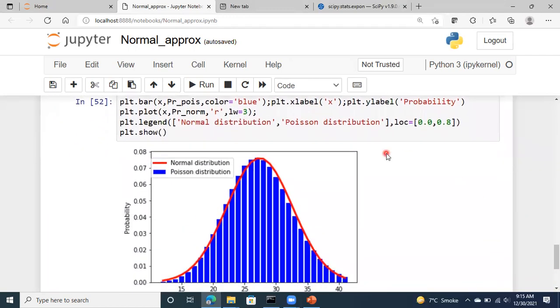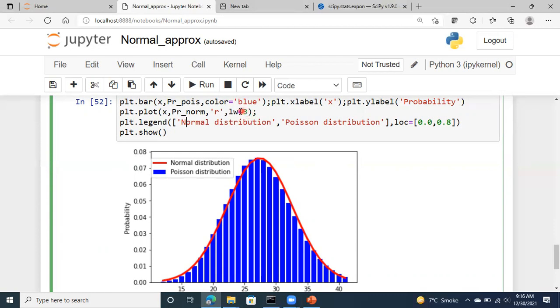And here is the generation of this picture. I have plotted the Poisson probabilities as a bar graph to make a distinction between the individual events defined in the Poisson distribution. And for the normal distribution, I have used the line plot attribute.